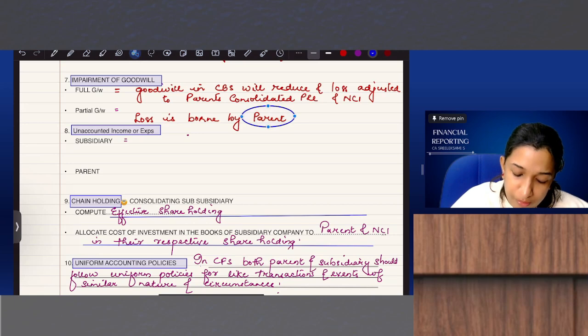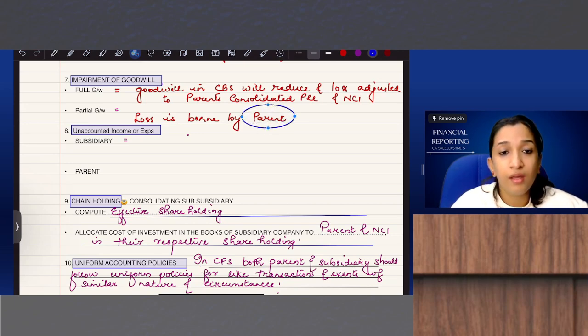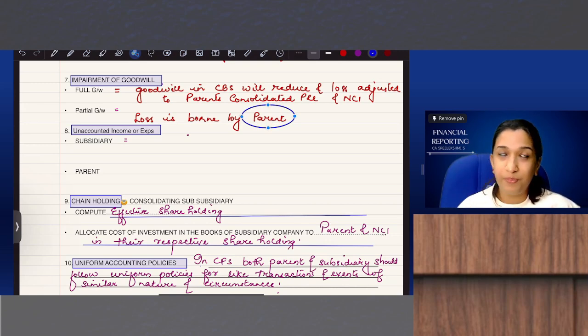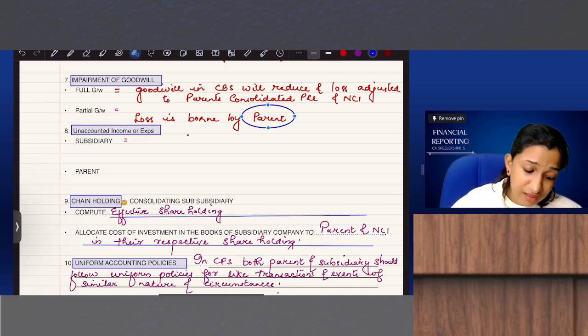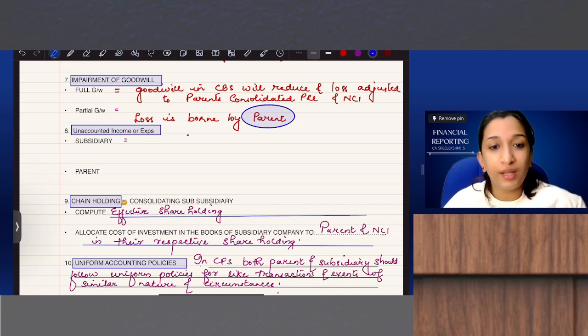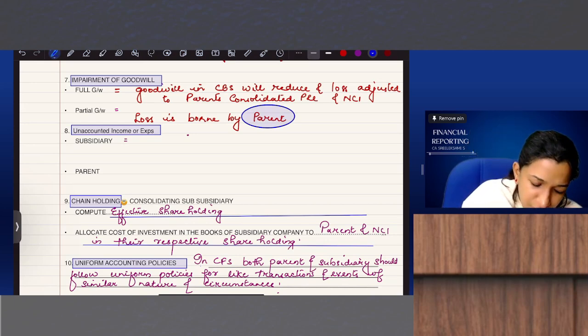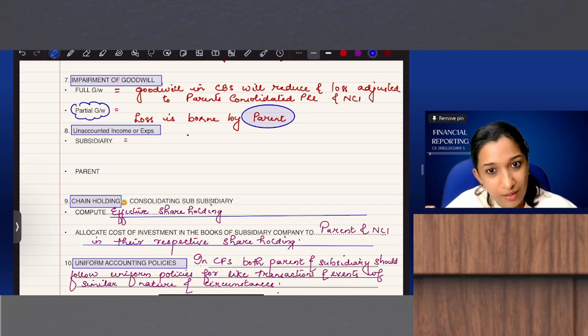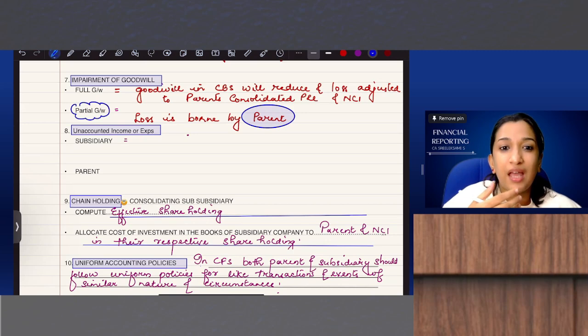Then there is no problem; loss is borne by parent, only step 8, consolidated P&L will be reduced. But if the question asks you to calculate impairment loss, given partial goodwill, then impairment loss is asked to be calculated by you.